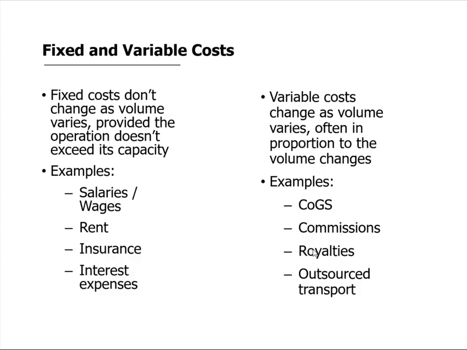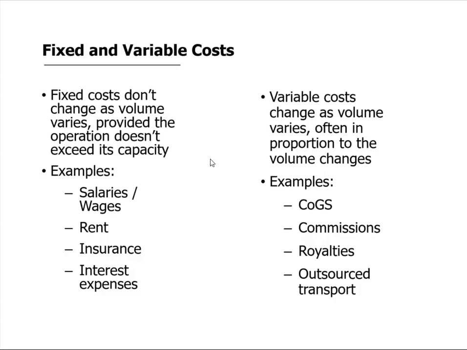Royalties work on the same basis. And if we are getting someone else to transport our goods, we might pay them a rate per ton or rate per meter squared, however we measure our product. And the more we're selling to our customer, the more we're transporting, that makes that expense variable.